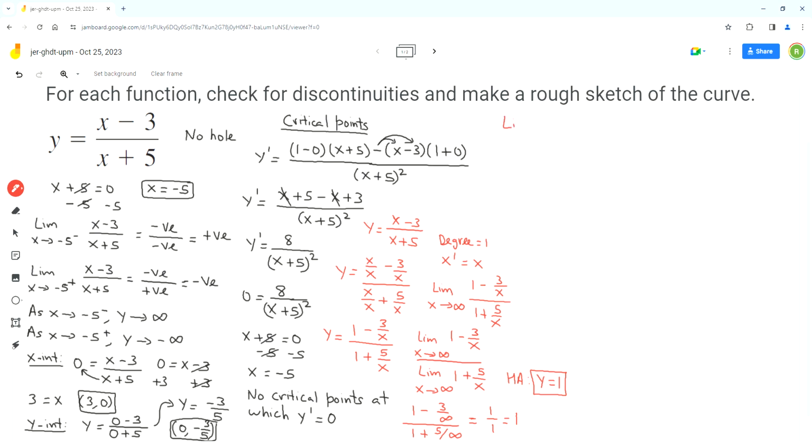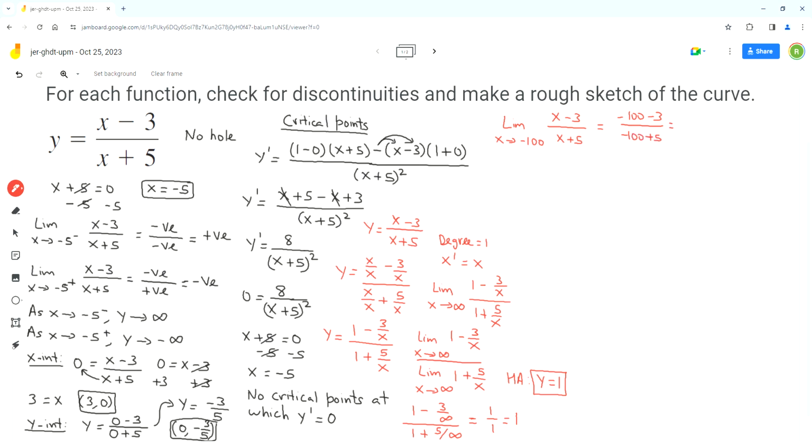We apply the limit as x approaches negative 100 of x minus 3 over x plus 5. So we sub in x as negative 100 and get negative 100 minus 3 over negative 100 plus 5.